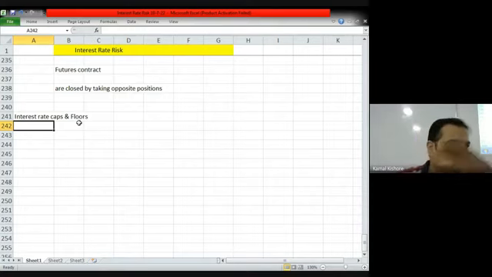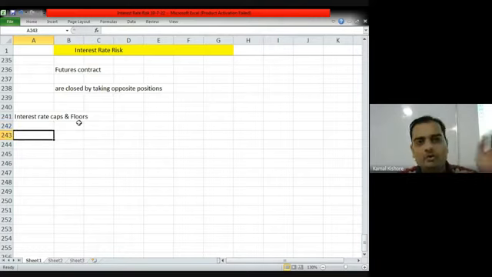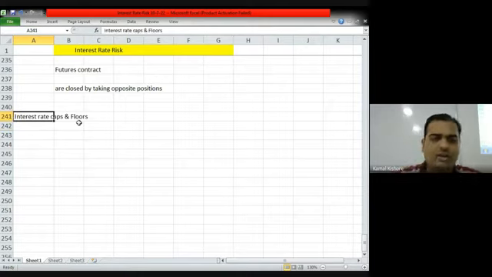When you borrow, you will use a cap. When you lend, you will use a floor. Floor is at the bottom, a minimum of at least so much. So there are, I think, one or two more. You can go through this.